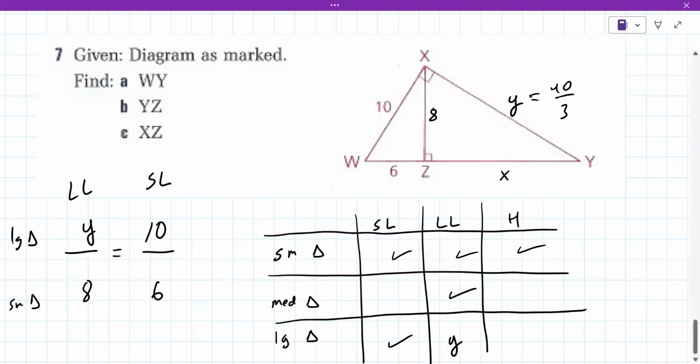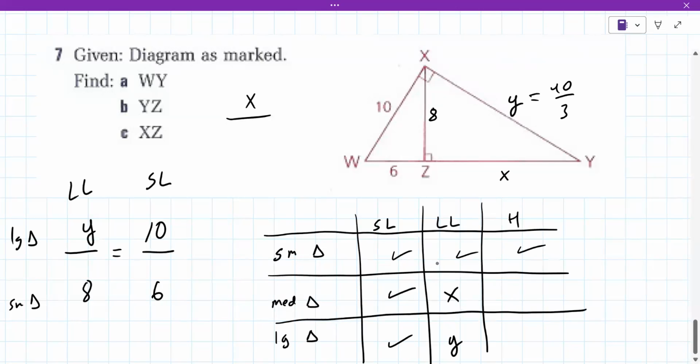So X is the long leg of the medium triangle. You can set up a proportion with 3 of the 4 to find that one.